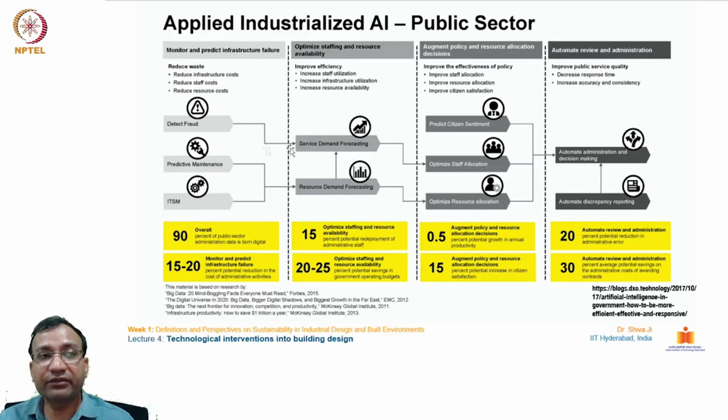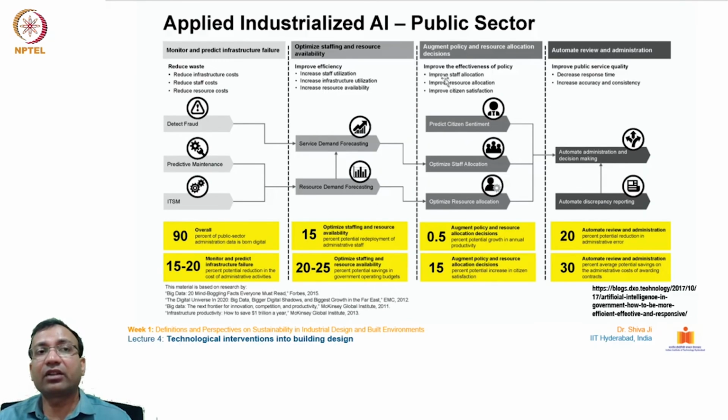With the help of the points in the previous column, we can go for service demand forecasting. This predictive modeling projection can be drawn to create a model for demand forecasting of what is going to happen in the public sector, and resource demand forecasting, yes.